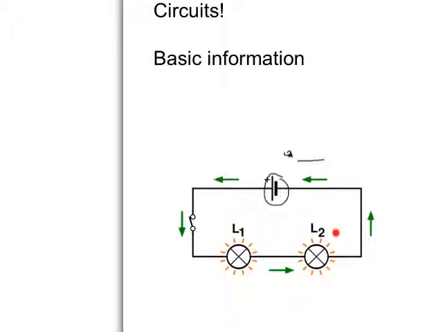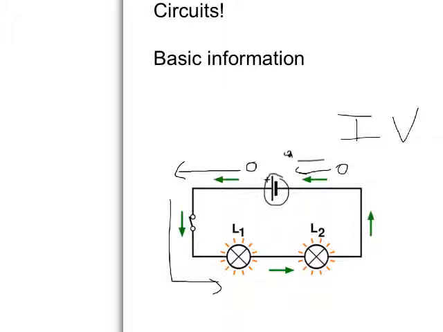Now, don't worry too much about that because we're going to talk about this particular circuit in the next video. But the idea is a simple one. You have current, which is to do with the charges moving around the circuit. You have voltage, which is the energy that they carry once they go through the power supply. And then you have resistance, which is what the components have, which makes the electron lose its energy.